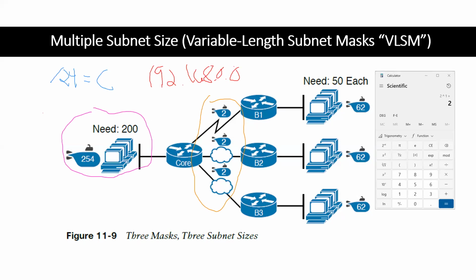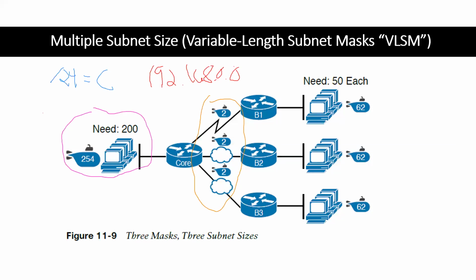Let me go ahead and get my pencil. Give me 1 second. There we go. So this would be a slash 30, and within a slash 30, you can only assign 2 IP addresses. Slash 31, you can do the same, but it's kind of wonky: one would be the network and one would be the broadcast address.